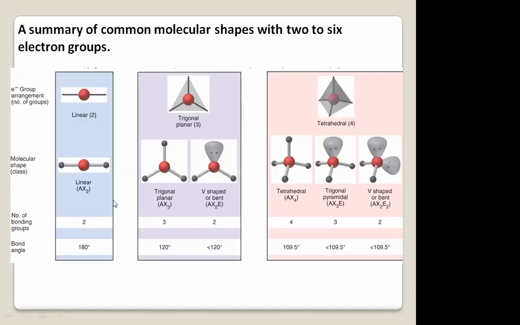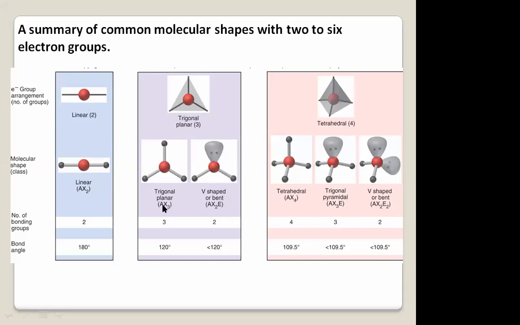Now, summarily, we've talked about all this. Linear molecules are AX2. Most often than not, the hybridization is sp. They exhibit AX2. The number of bonds that you can have to the central atom is 2 maximum, and the bond angle is 180. sp2 hybridization can give you either of two shapes.